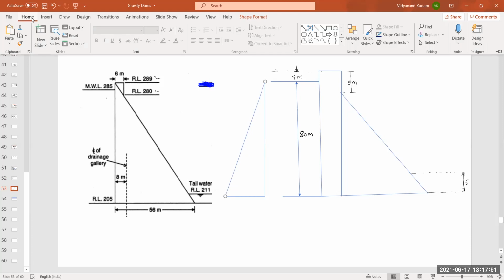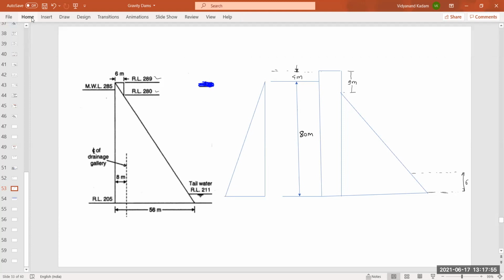So this is the water pressure distribution diagram. This is PW, the horizontal water pressure on the face of the dam.